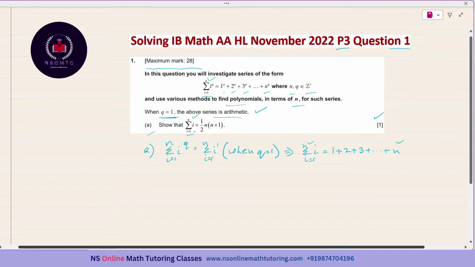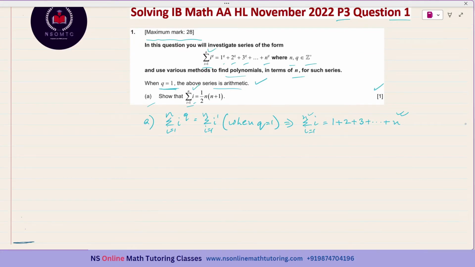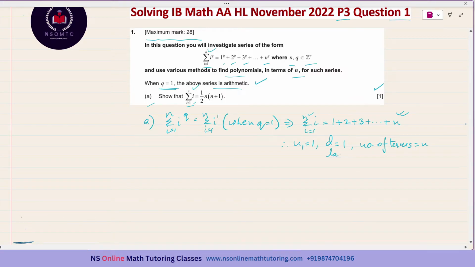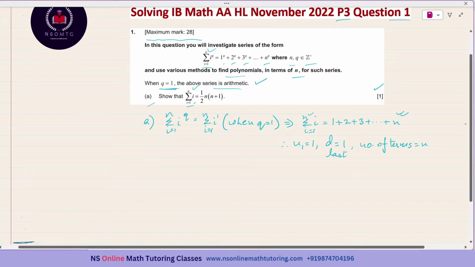So this is an arithmetic series definitely, because the first term u1 is equal to 1. The common difference is equal to 1. And number of terms is equal to n. Also, the last term is also equal to n. You may use the last term or you may use the number of terms. Let me use the last term.